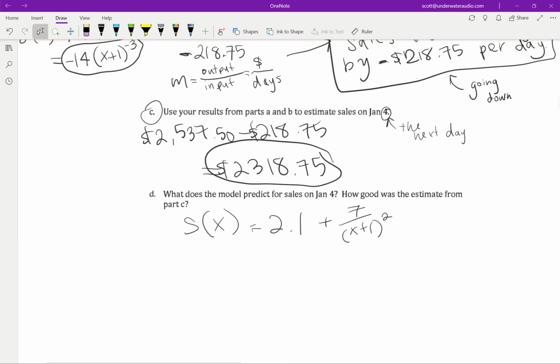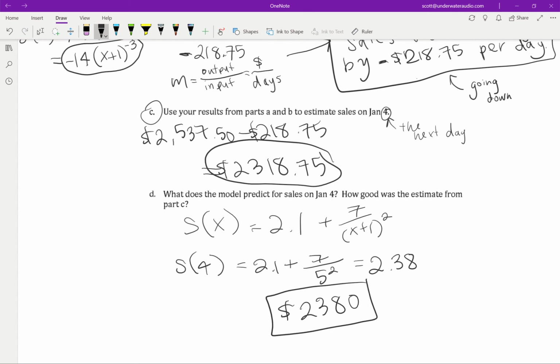Right, and I want to know on January 4th, so S of 4 equals 2.1 plus 7 over 4 plus 1 is 5 squared, and that's a calculator thing. 7 divided by 25 plus 2.1 is 2.38, and then I multiply by 1,000. So that's 2,380.